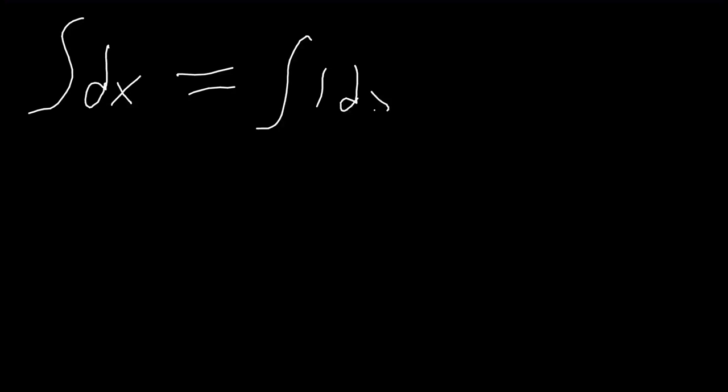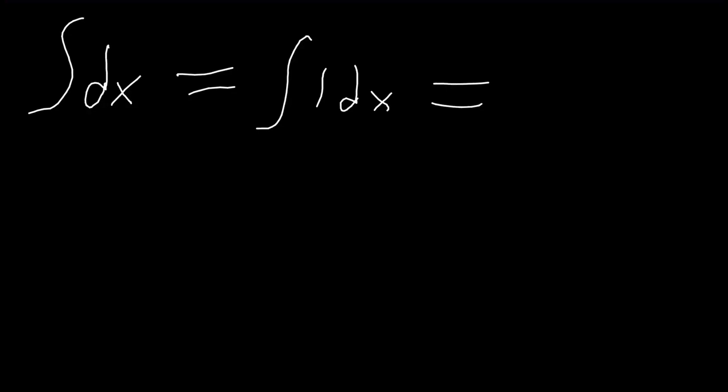Okay, now let's find the antiderivative of dx. What is this? Well, this is really just the antiderivative of 1 dx, because we don't actually have to write the 1. It's always implied.